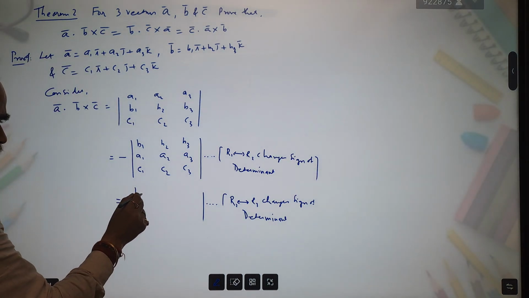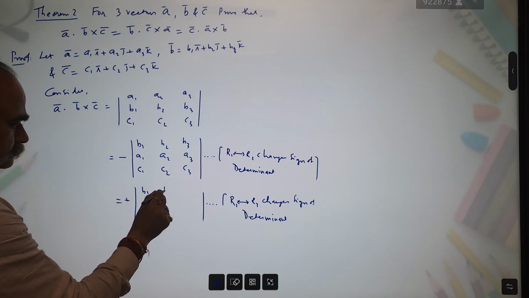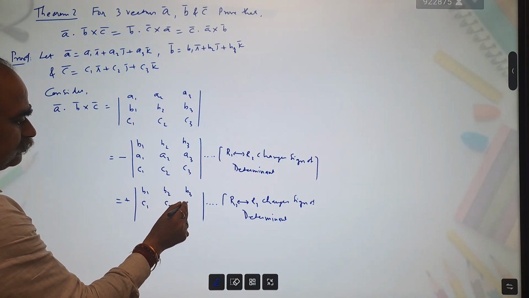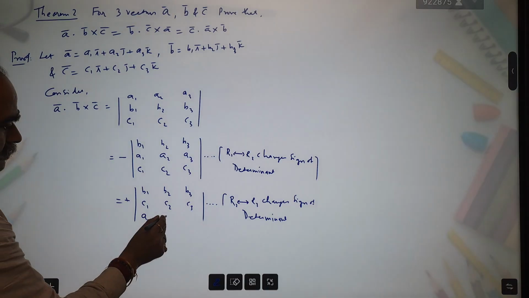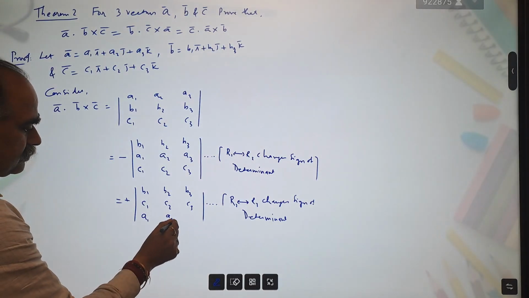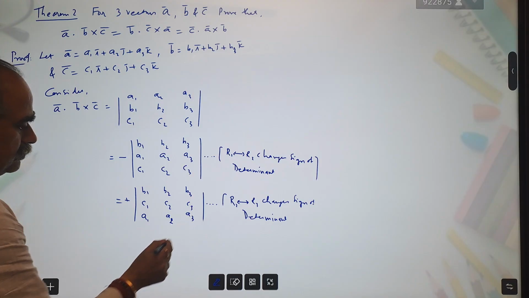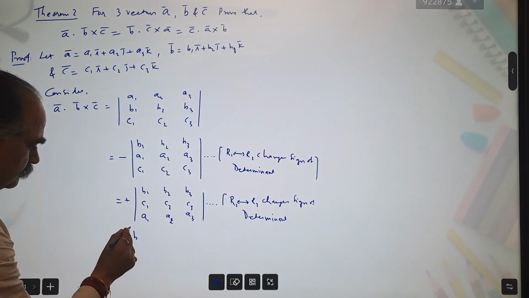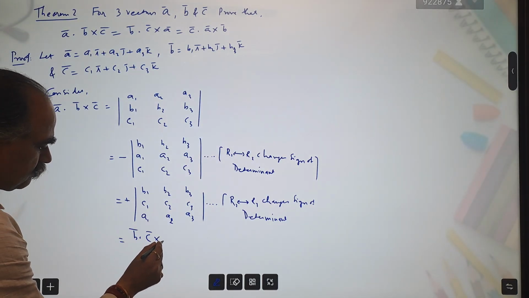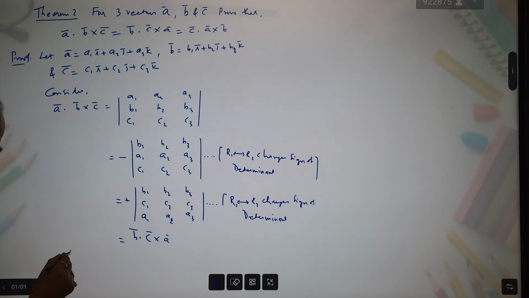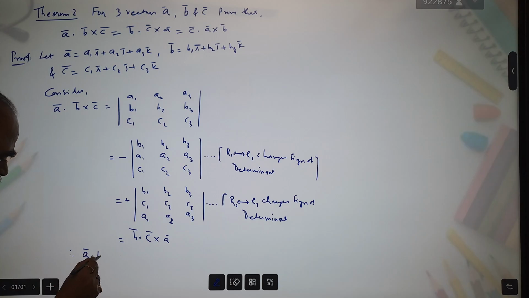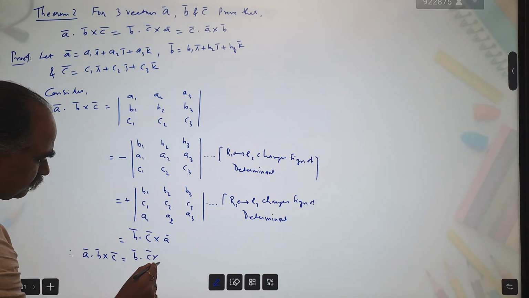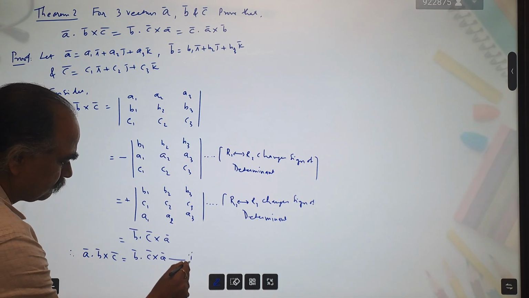So it will become plus C1, C2, C3, A1, A2, A3. Which is nothing but B bar dot C bar cross A bar. So A bar dot B bar cross C bar is same as B bar dot C bar cross A bar. Write this as equation number 1.